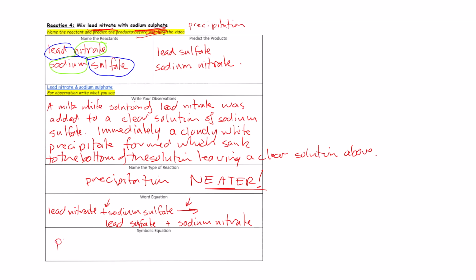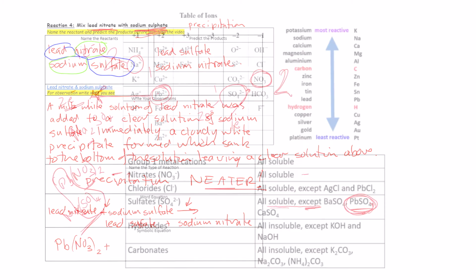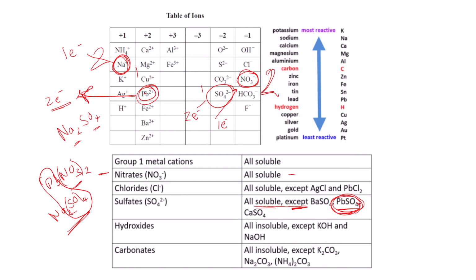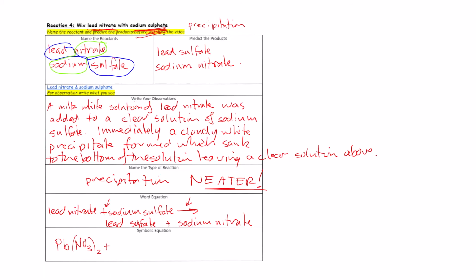So our formula Pb(NO3)2, plus sodium sulfate. Again, sodium forms a plus 1 ion, sulfate negative 2, so we need 2 sodiums for each sulfate. So that will give us Na2SO4, reacts together to form, don't forget to use the arrow, lead sulfate plus sodium nitrate.